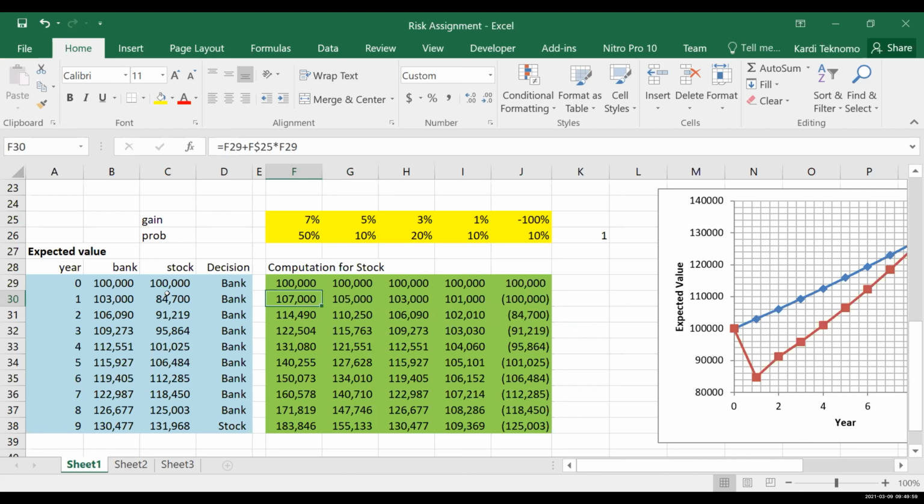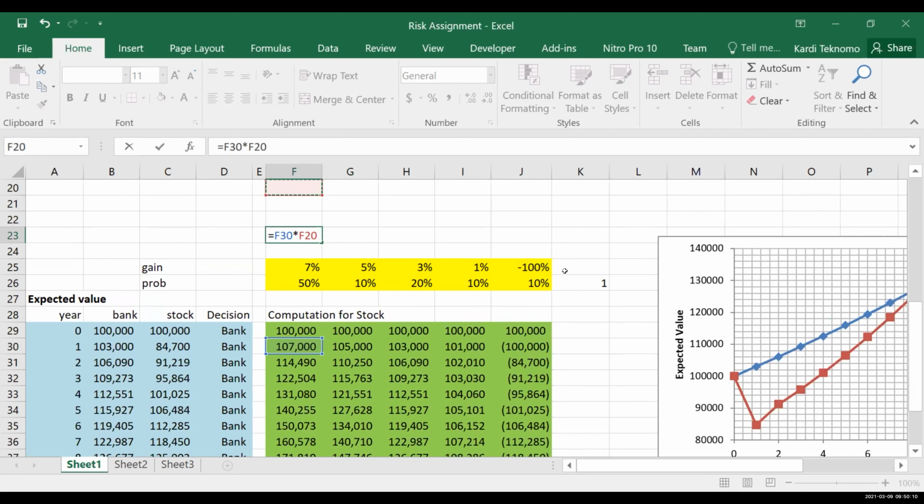So if you look at this value, it is 107 multiplied by this 50%, plus this one, 105 multiplied by this 10% here, plus this one, 103 multiplied by the 20% here, plus this value multiplied by the probability of 10%, plus again the negative value, multiplied by only 10%.